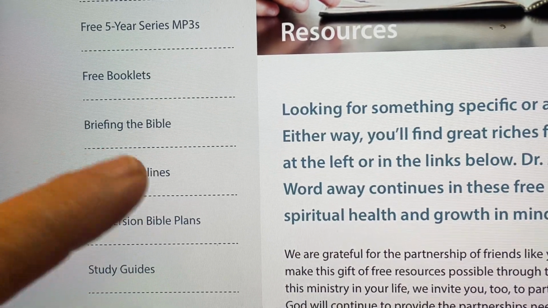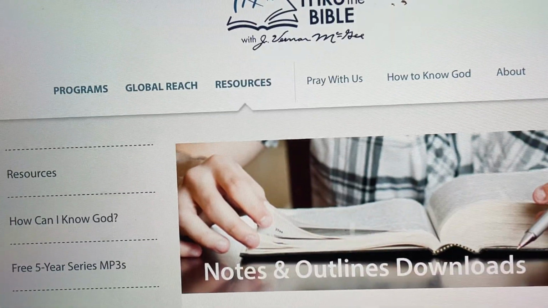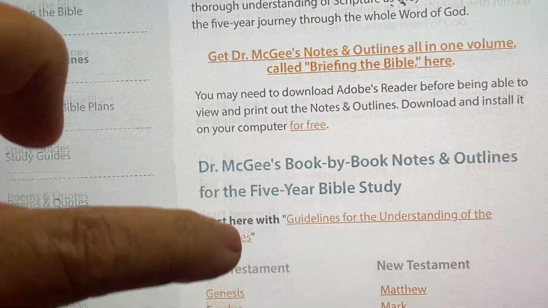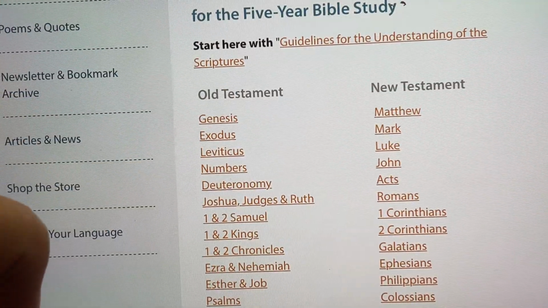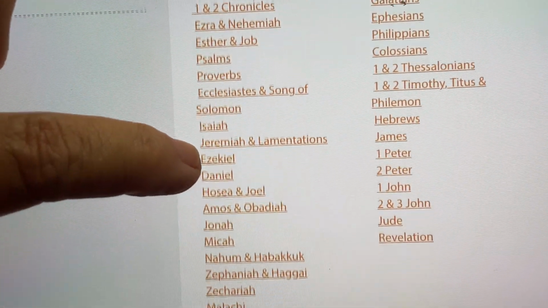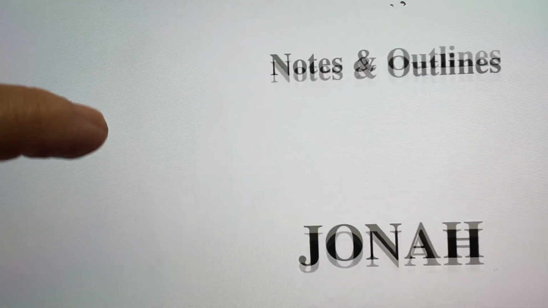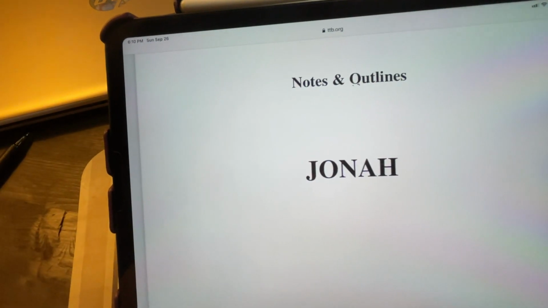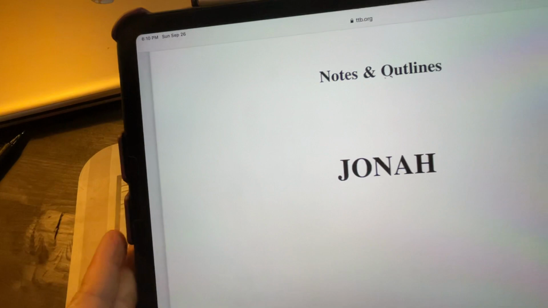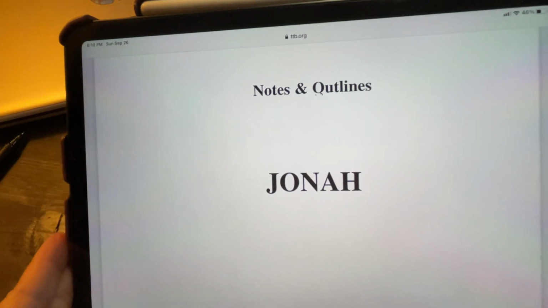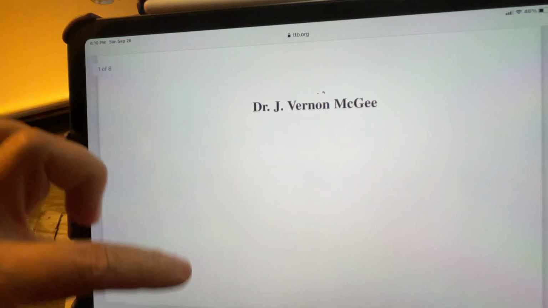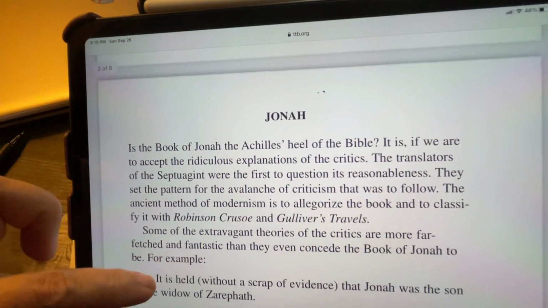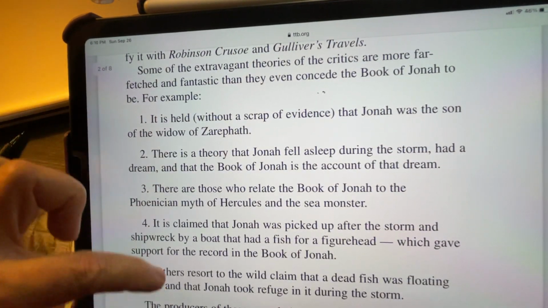There it is. And I'm going to scroll up, and I'm going to go to Jonah. And there's 8 pages. Let me zoom back out. So there's 8 pages of his study notes on Jonah, and they are really good.